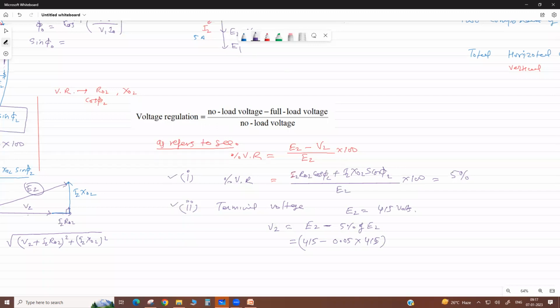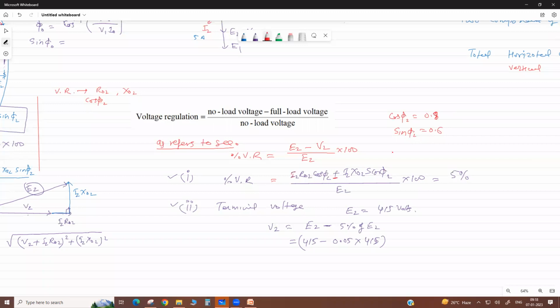They give the power factor, cos phi 2, like 0.7 lagging or leading. This is for lagging; for leading, it is minus. Then you calculate sin phi 2: if cos phi is 0.8, then sin phi is 0.6.